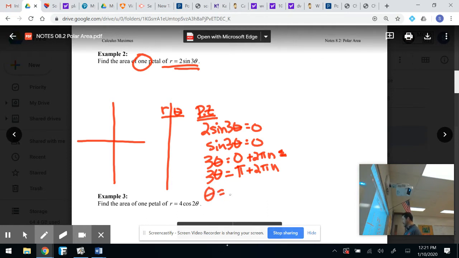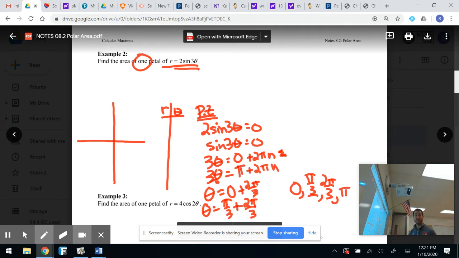And I would get 0 over 3 plus 2 pi over 3. So that would give me polar zeros of 0, comma, 2 pi over 3. Remember, there's one in between those two. If I divide the bottom one by 3, I get pi over 3. That's the one in between. Plus, if I divide that, it'd be 2 pi over 3. Okay, so what is pi over 3 plus 3 pi over 3, which is pi.